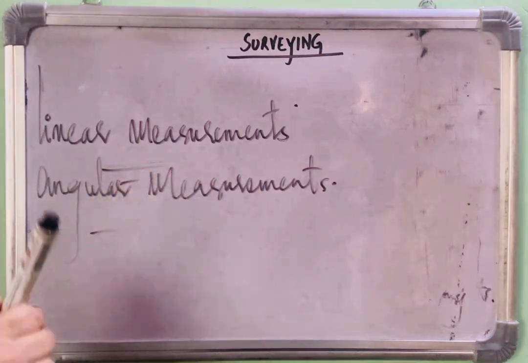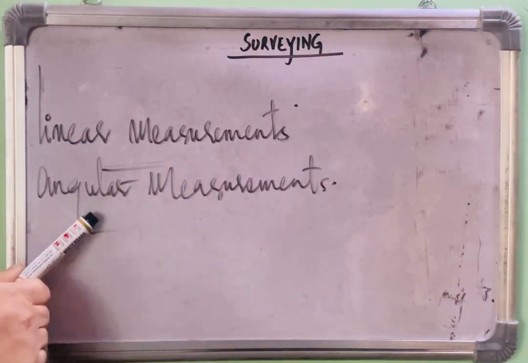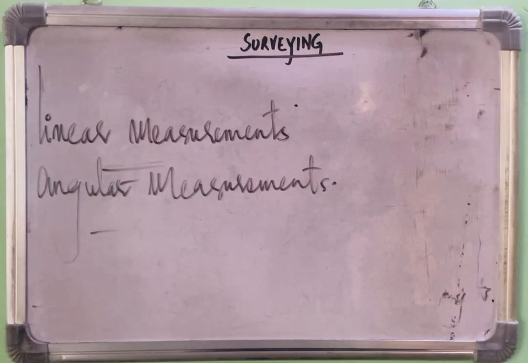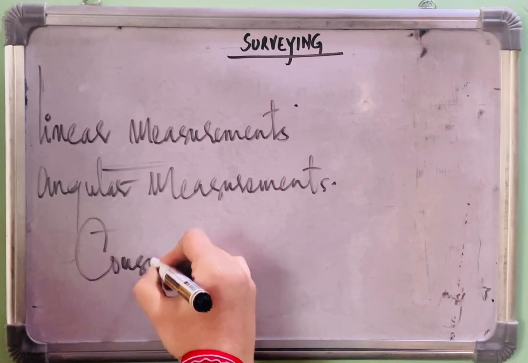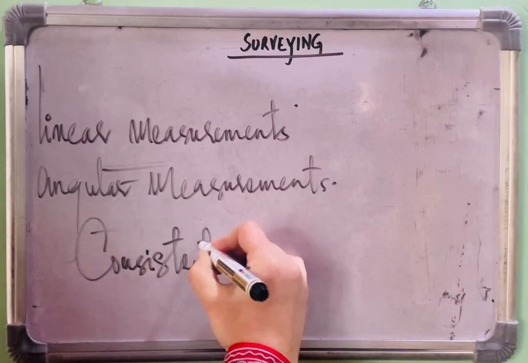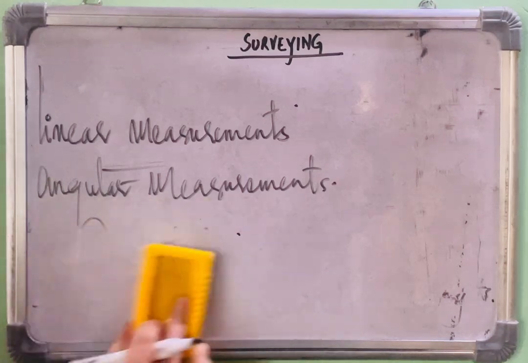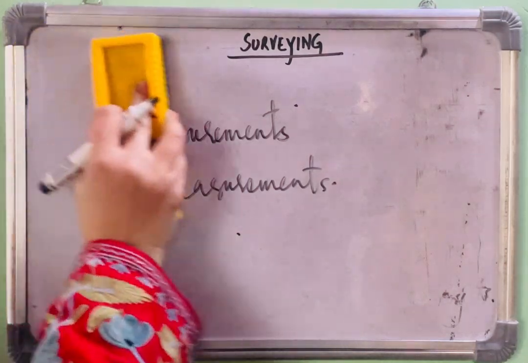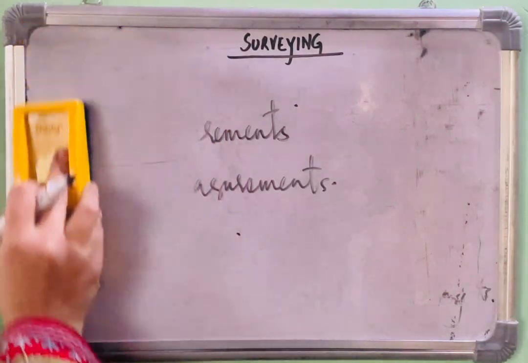It's not like you will take linear measurements more accurately and angular measurements less accurately. No. In any survey, their relative standard of accuracy should be consistent. This must be noted. Right? So this was about the second principle of surveying. Always choose the method of survey that is most suitable for the purpose.